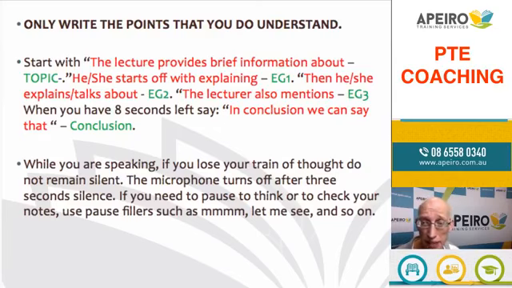So whether we get to EG2, EG3, or even the conclusion is irrelevant. The key thing is how we're saying the answers as well. So remember, even though I'm going through the whole sample, you might not get to the end of the sample because it all depends on your oral fluency and pronunciation as well.